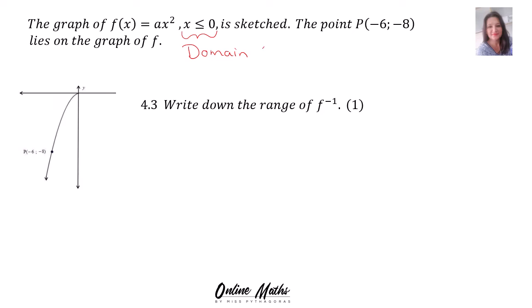And when we deal with inverse, not only do the x and y coordinates swap, it's also a fact that the domain becomes the range and the range becomes the domain. So therefore, it used to be x is smaller than or equal to 0. That was the domain, and now the range for this graph is y is smaller than or equal to 0.